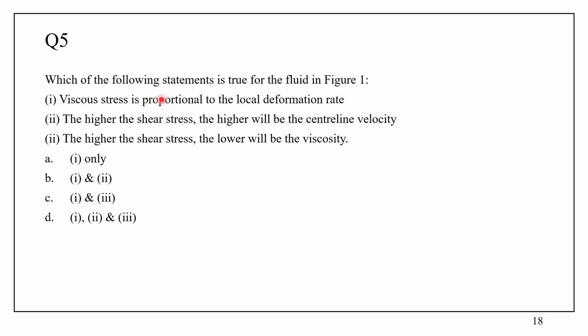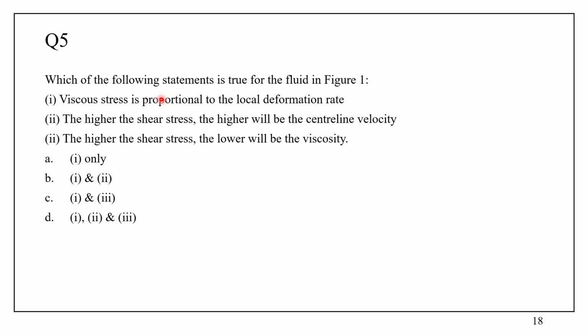Which of the following statements is true for the fluid in figure 1? Viscous stress is proportional to the local deformation rate. Second, the higher the shear stress, the higher will be the centerline velocity. And third, the higher the shear stress, the lower will be the viscosity. So the first option is 1 only, the second is 1 and 2, the third is 1 and 3, and the last one, all three statements are right.